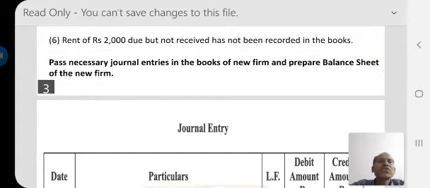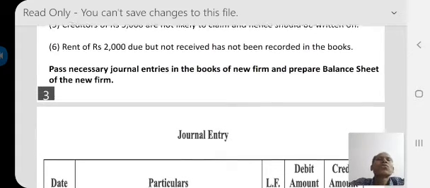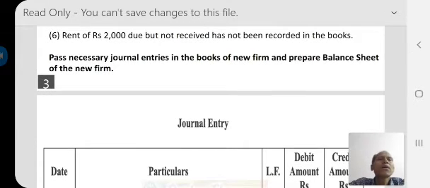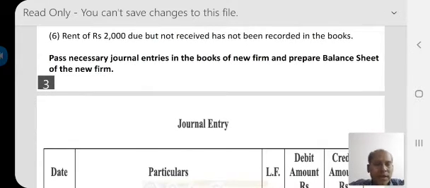If it is given as due and not paid, it would be an expense, but due but not received is income. It has not been recorded in the books, so that should be recorded now.